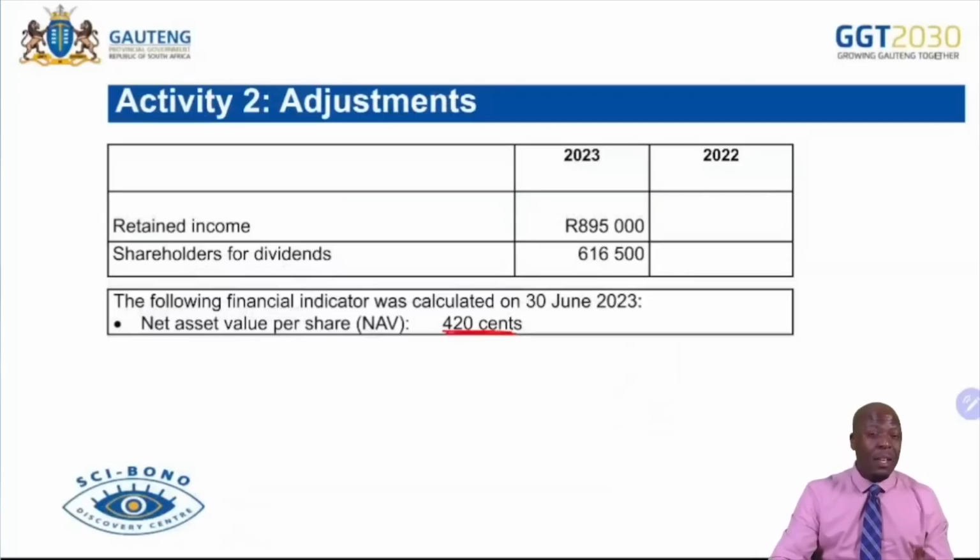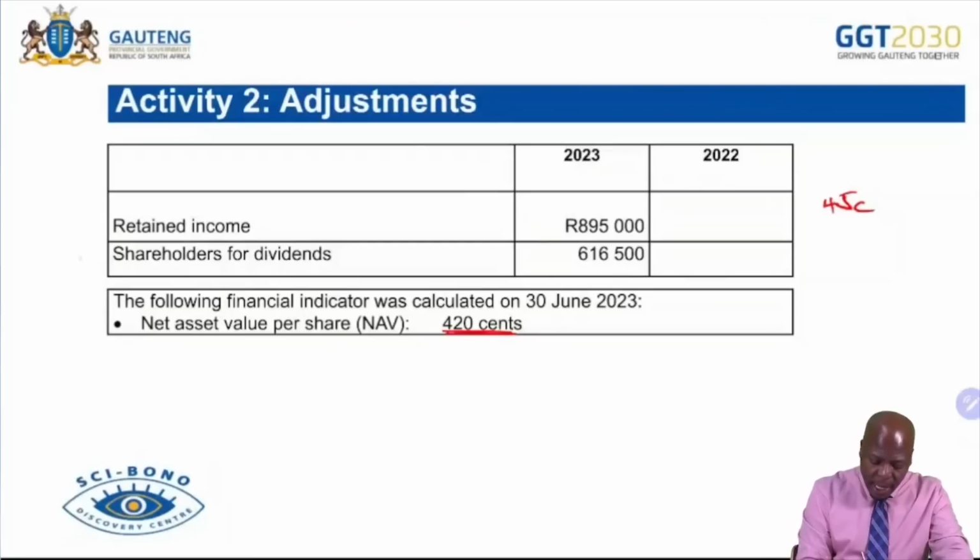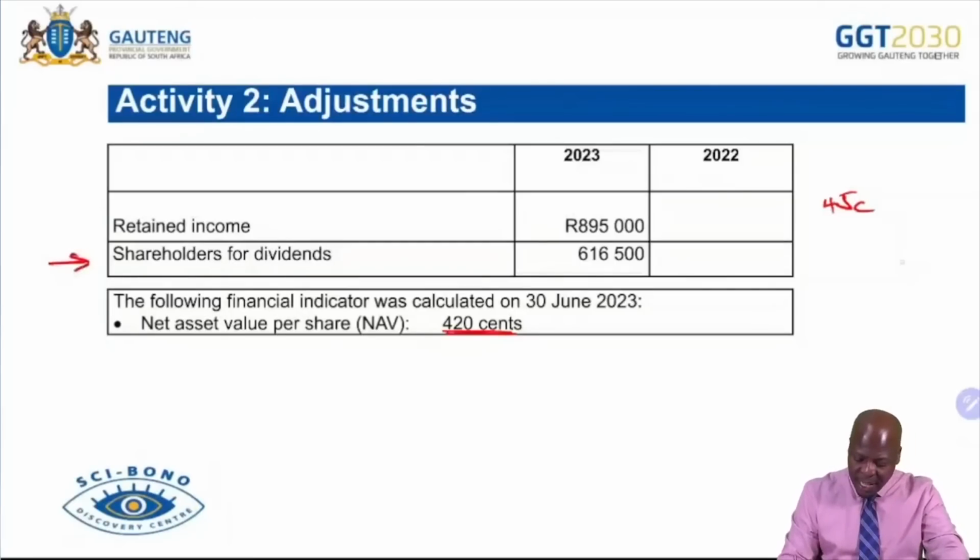In this question, the number of shares was not given. However, what they gave us is what I showed you in the previous adjustment, the final dividend of 45 cents, and then shareholders for dividends. So they wanted us to calculate the number of shares here.